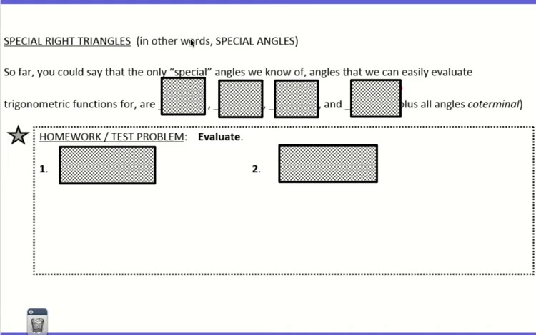Like, if I said, find the sine of some angle, right? 50 degrees, 60 degrees, 70 degrees, 80 degrees, whatever. Are there any angles that you can do right now without probably using anything for help?